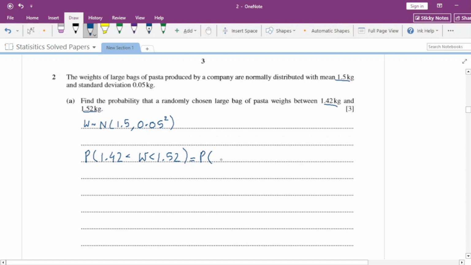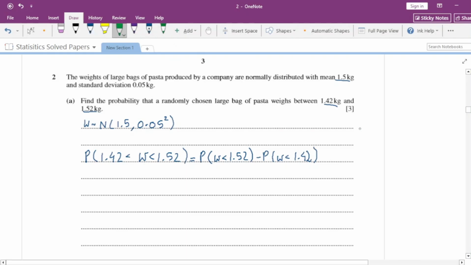So we can rewrite this as probability of W being lesser than 1.52 minus probability of W being lesser than 1.42.